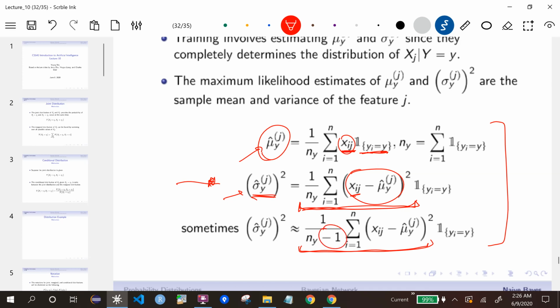So again, we will not go into a lot of detail with this. If you are familiar with these, you already know that these things are maximum likelihood estimators. If you don't, you can just take them as given, some formula from just maximizing the probability of getting these data points.